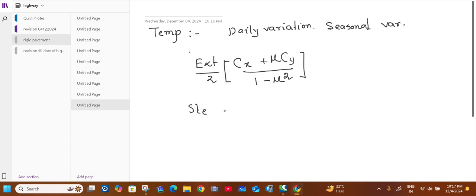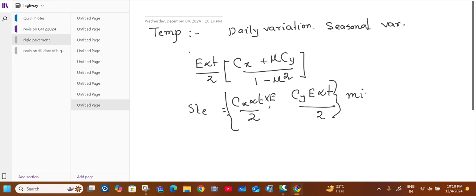St is equal to Cx alpha T by 2, comma, Cy E alpha T by 2. This will be the minimum of, and STC is equal to E alpha T divided by 3 into 1 minus mu, in bracket a by l.